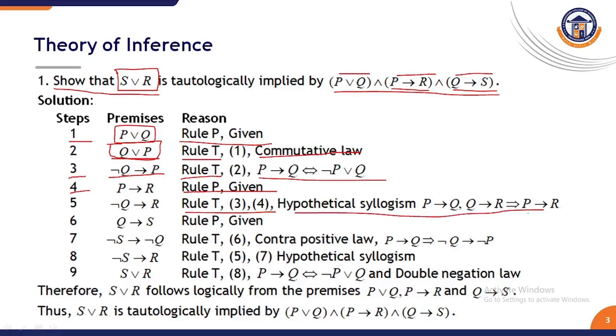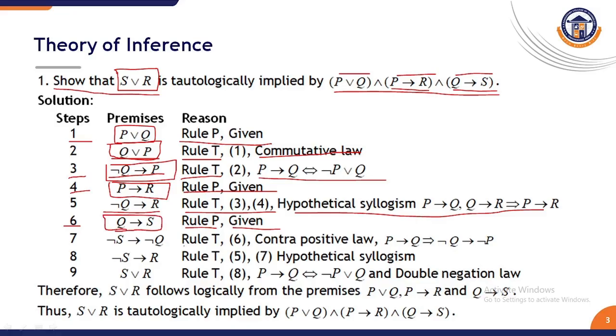P implies Q and Q implies R is equivalent to P implies R. That means negation Q implies P and P implies R is equivalent to negation Q implies R. In step 6, use the rule P. That means the given premise is taken here: Q implies S, the third premise.